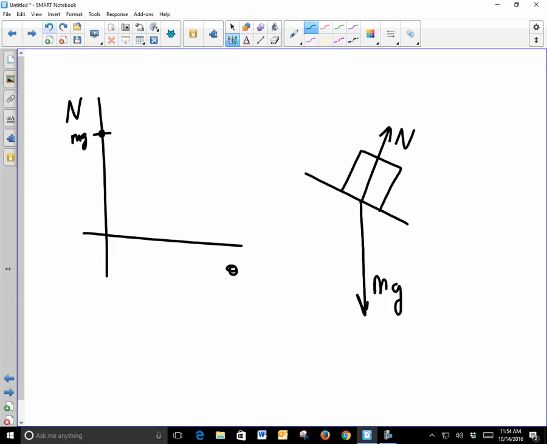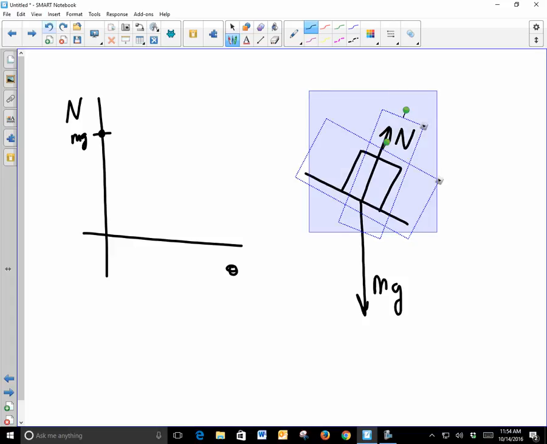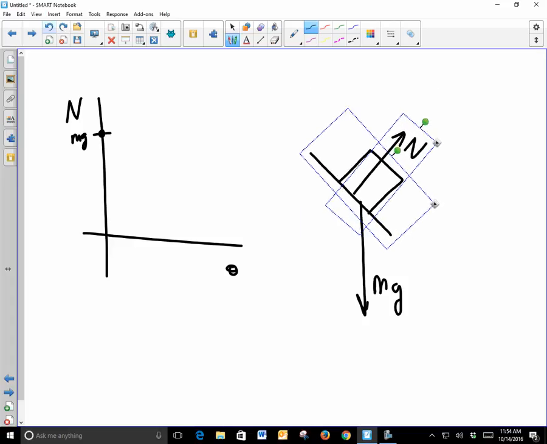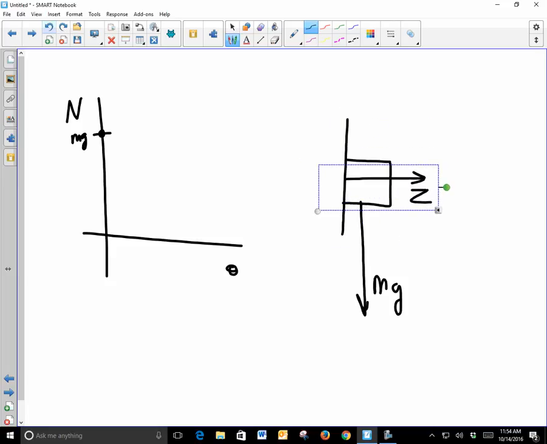Gravity always acts straight down. So normal force is decreasing until what happens in this case? Normal force is 0 and it falls off the wall. So normal force is going to decrease.